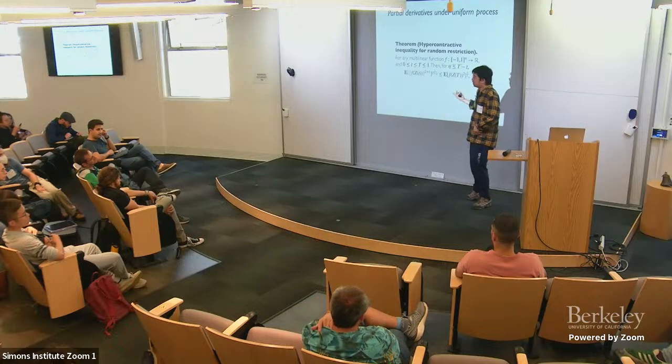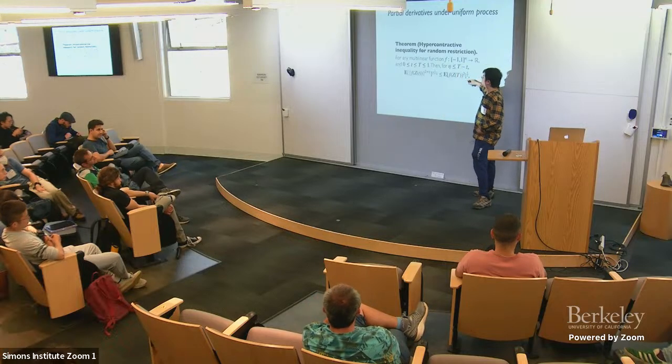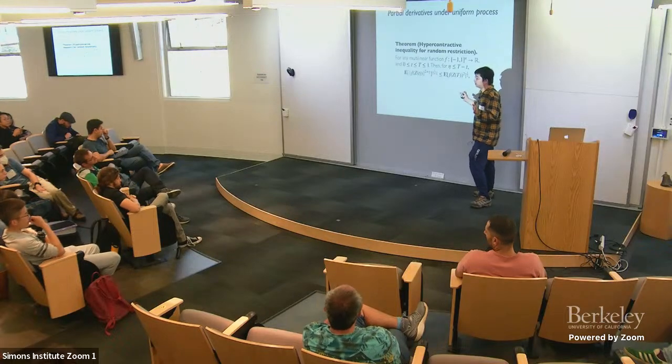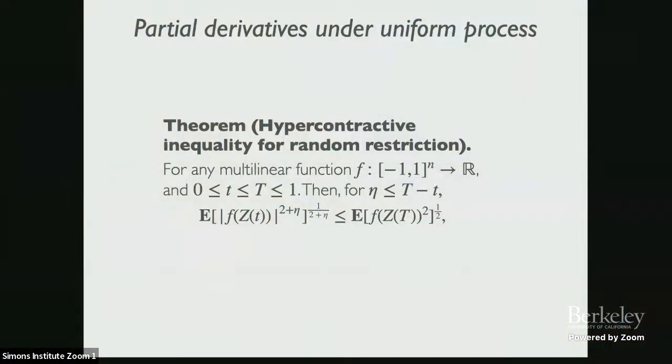So maybe you expect that you can just get this thing from the noise operator, from the standard inequality. But unfortunately, we don't know how to do that, so we have to redo the proof. Maybe the absolute value is a little bit weird on the left-hand side. I don't think that's it.